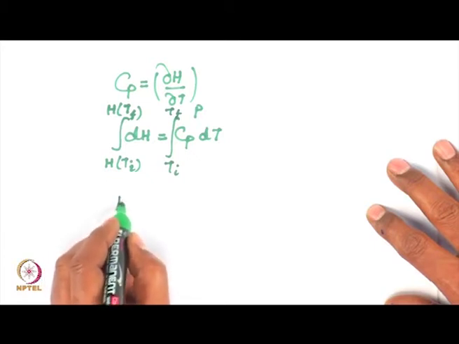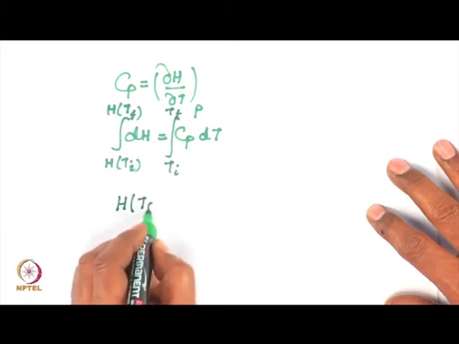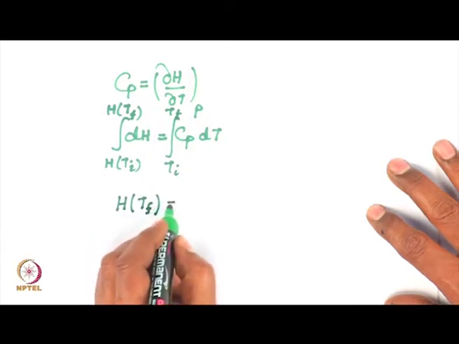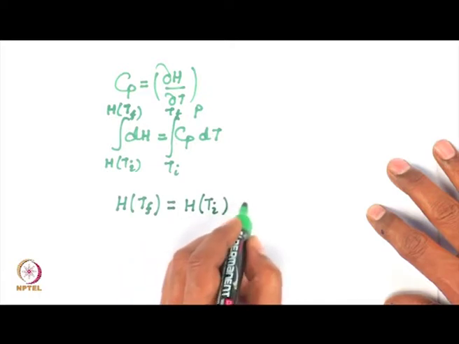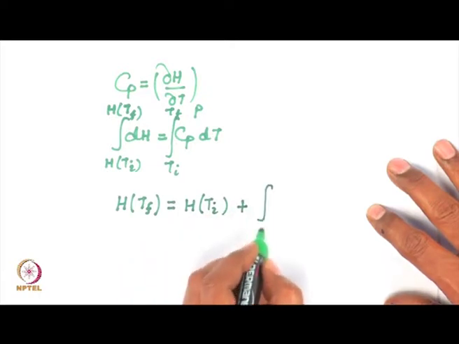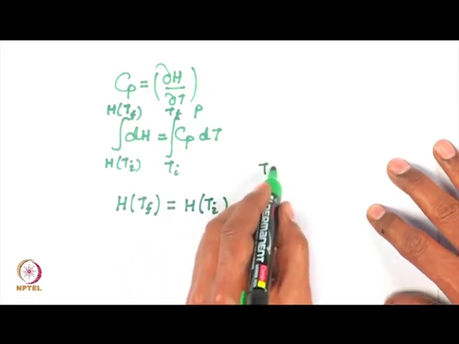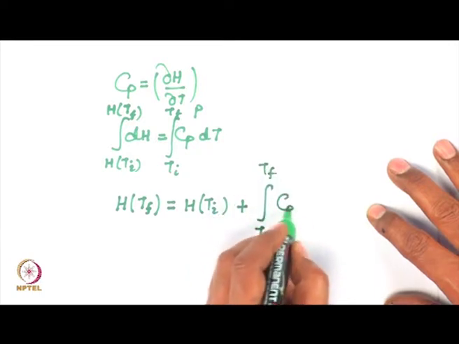So H at Tf is equal to H at Ti plus the integral from Ti to Tf of Cp dT.